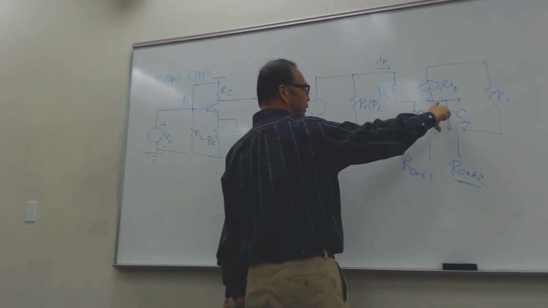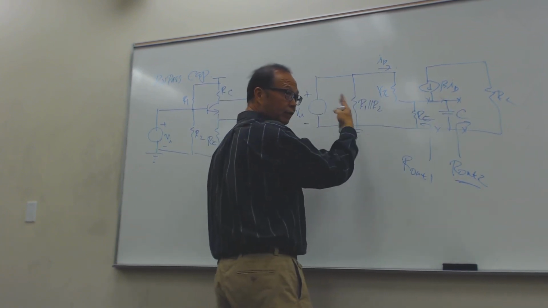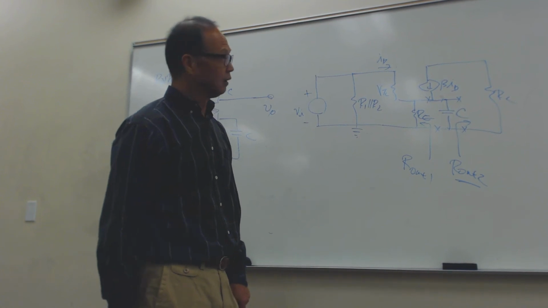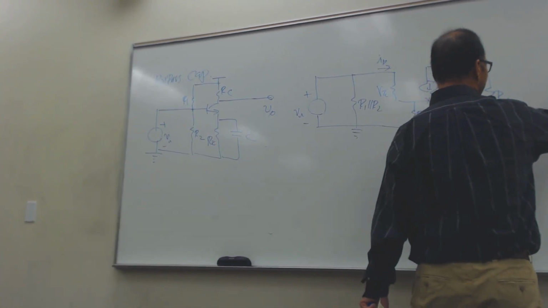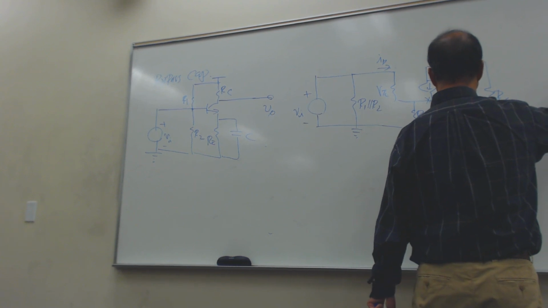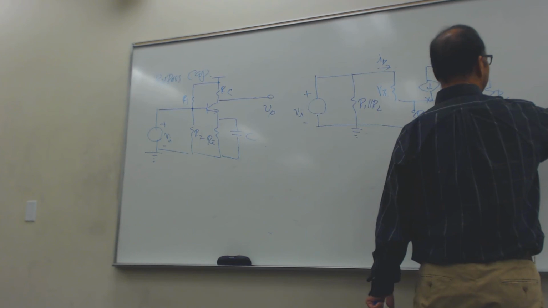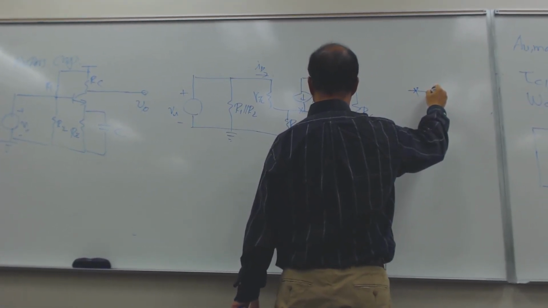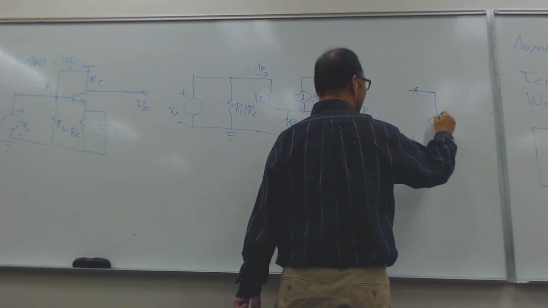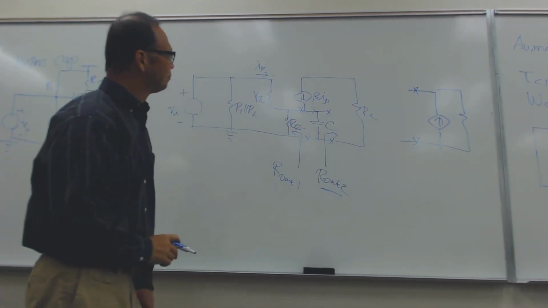You put a test voltage. Yes, this is short. That's what we have done all the time. Yes, but to this side, it becomes like this, and then I'm not even sure. Like this. Is it?